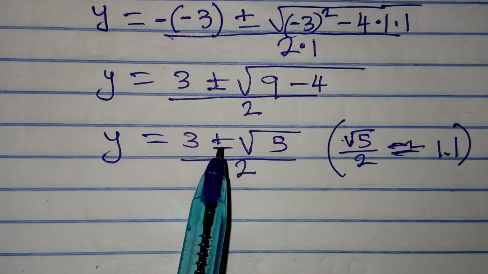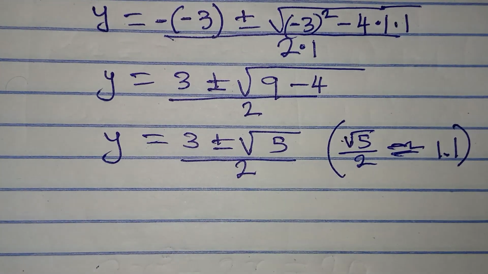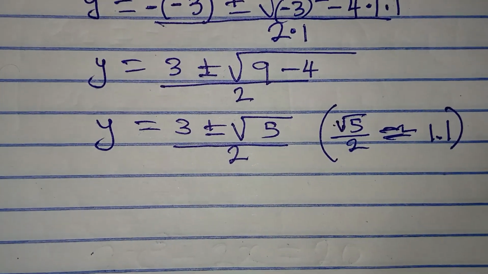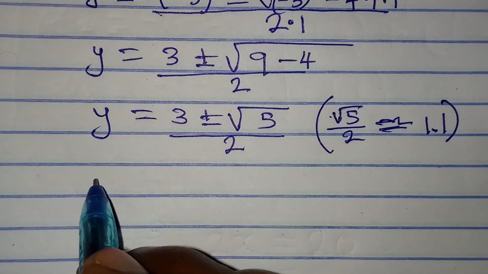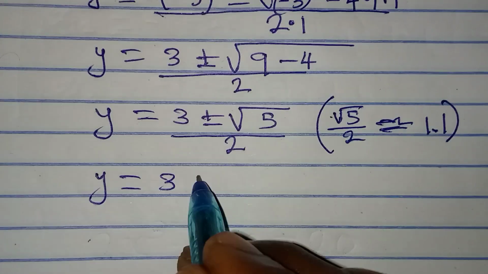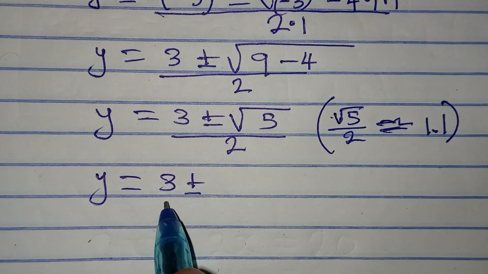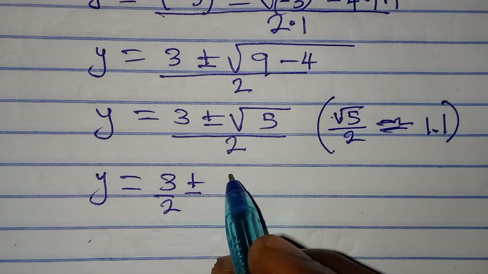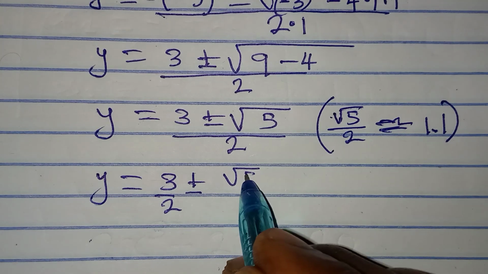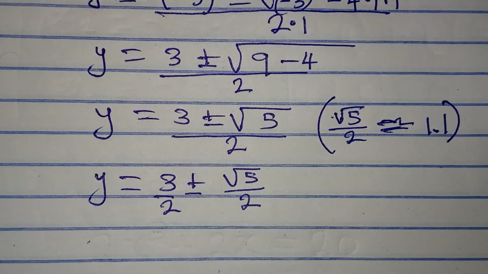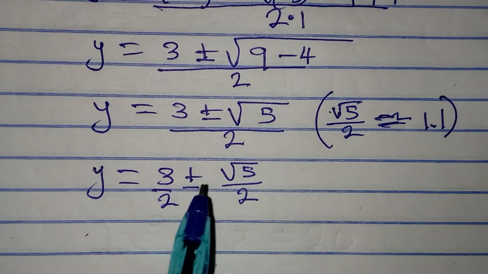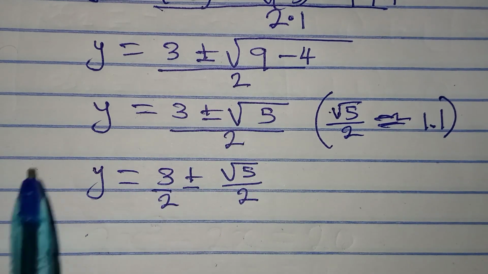So I think from here we can pick out that square root of 5 over 2. Because from here now we are having y equal to 3 over 2, and then plus or minus square root of 5 over 2. Yes, because if you get the LCM, you will still have this back.